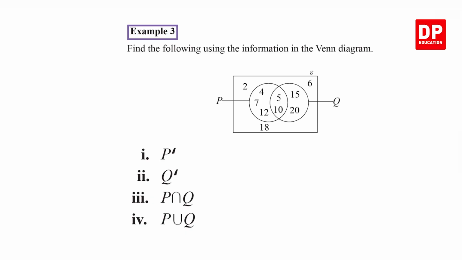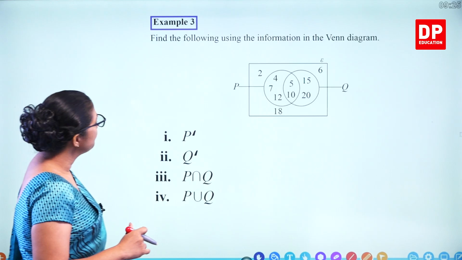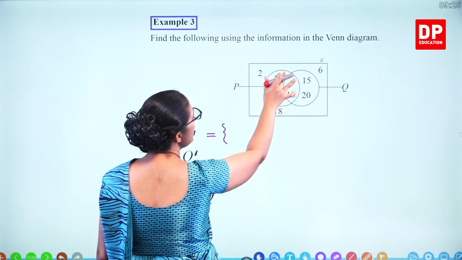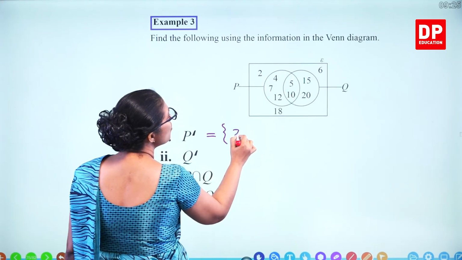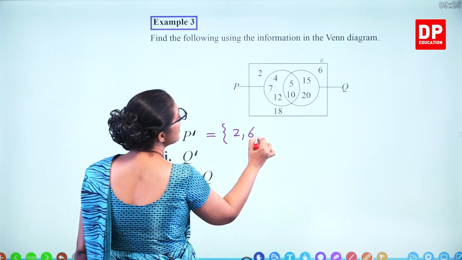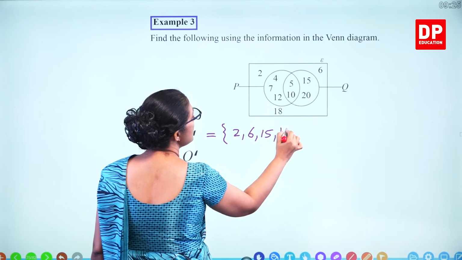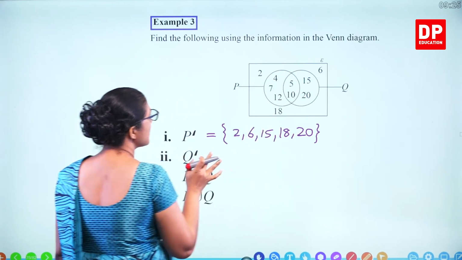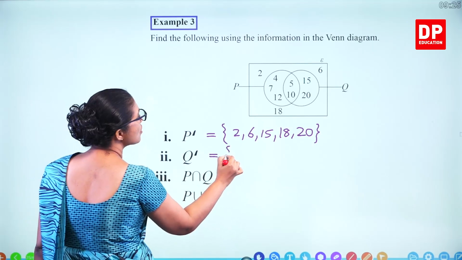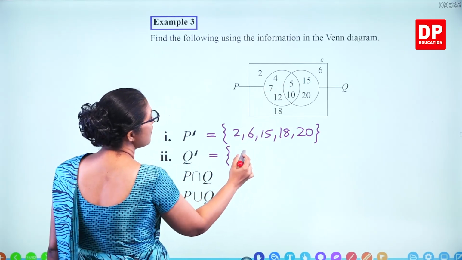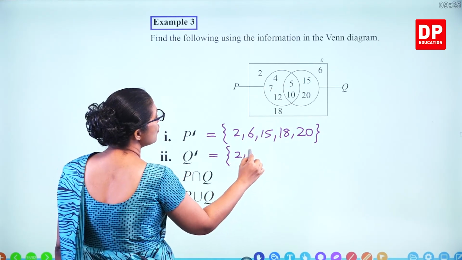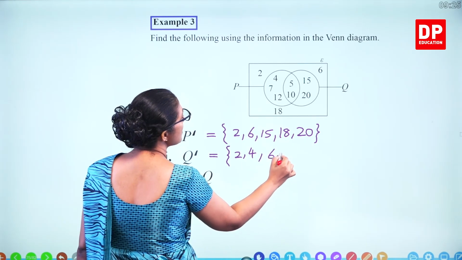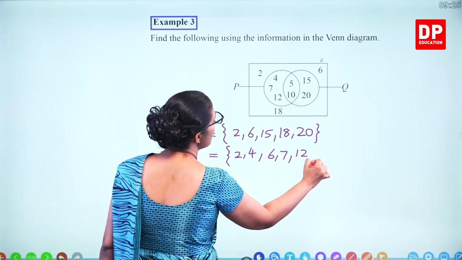Find the following using the information in the Venn diagram. P dash, outside P: 2, 6, 15, 18, 20. We have to close the P circle. Q dash, close it and write down all the elements outside: 2, 4, 6, 7, 12, 18.